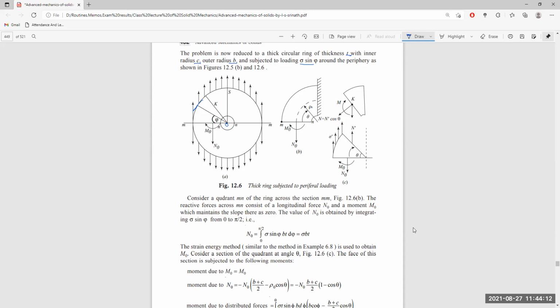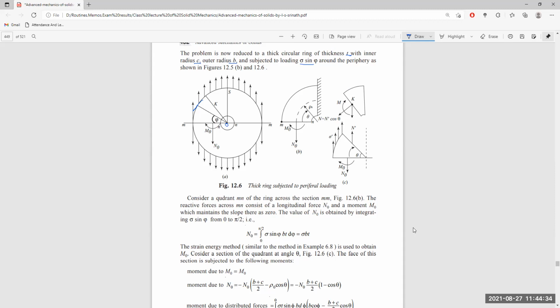Now, on this line MN itself, to maintain equilibrium, we have a free body diagram of this quadrant. So to maintain the free body diagram, we have to introduce imaginary forces, which create exactly the equilibrium with the actual external force here.